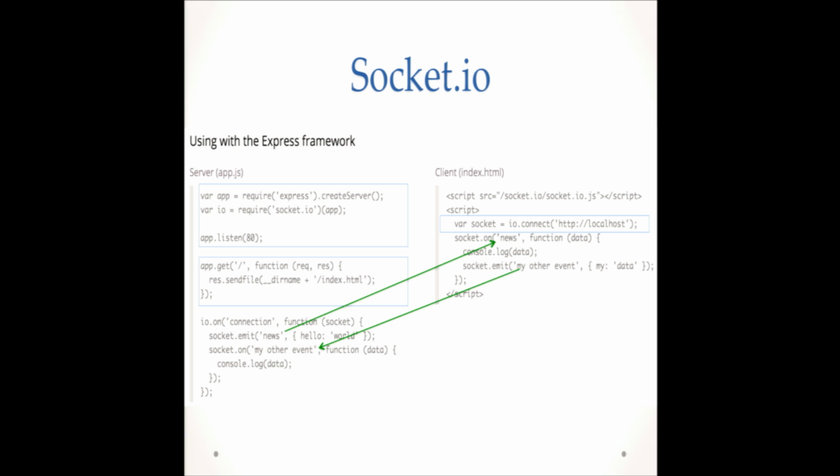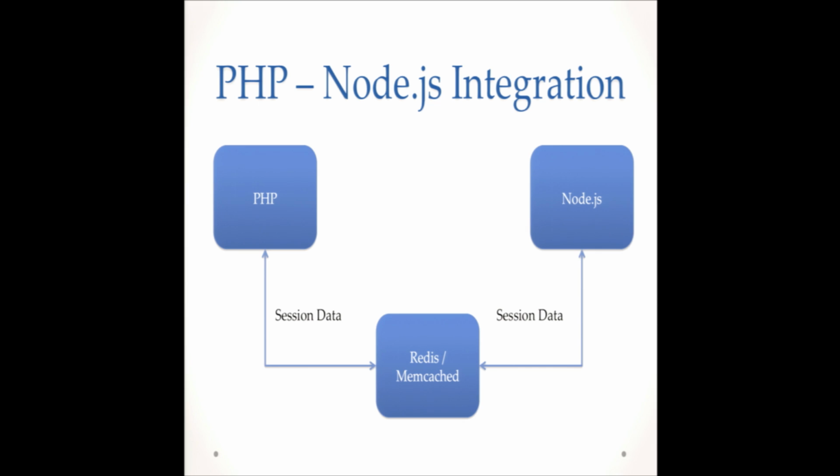So if you want to integrate your CakePHP application or any PHP application with Node.js, the very first thing that you need to keep in mind is that after the user logs in, if you want to protect some actions, you need to store the session in a cache.